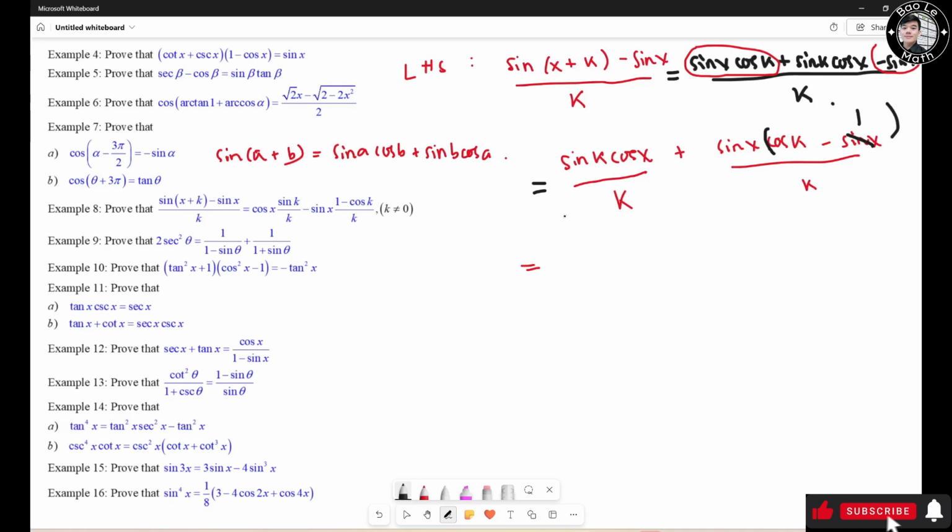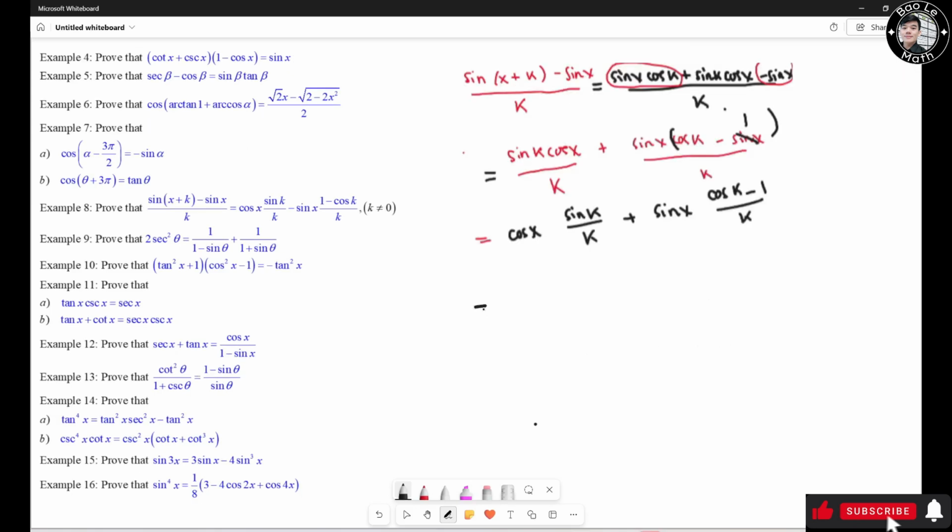So then I just rewrite this one as cosine s right here. And then I have sine k over k, right? Plus this one right here, I just rewrite sine s over here. And then I have cosine k minus 1 over k, right?